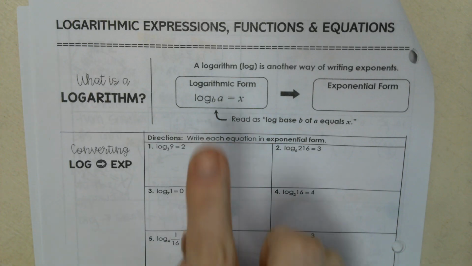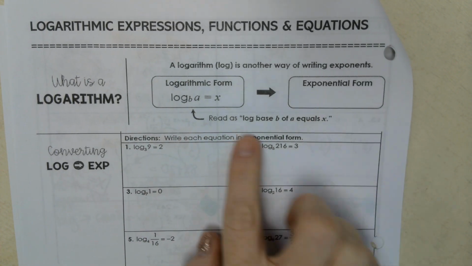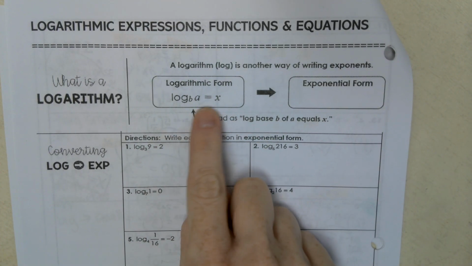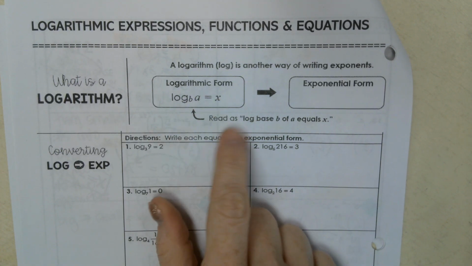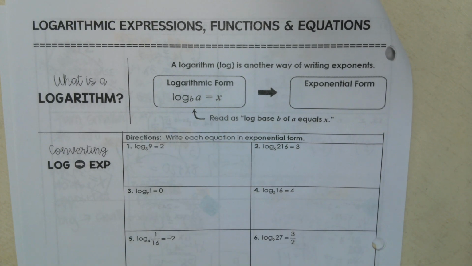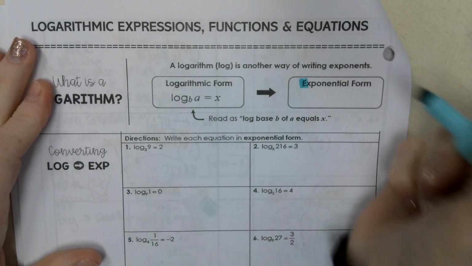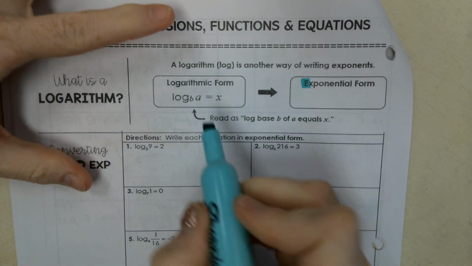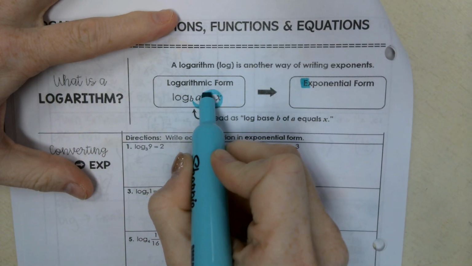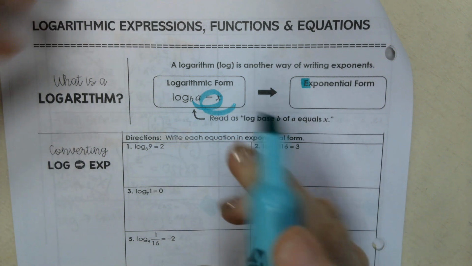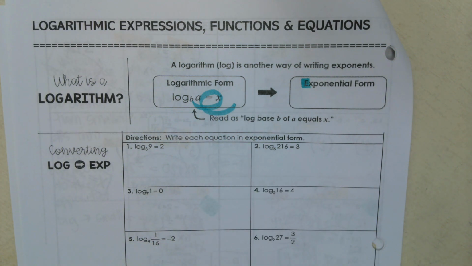The first thing I want to do is look at a logarithmic function. This says log base b of a equals x. That's how we read it. To put it in exponential form, I'm going to draw an E. Watch this. I'm going to start with my base, go through my x, and then go over to the a.